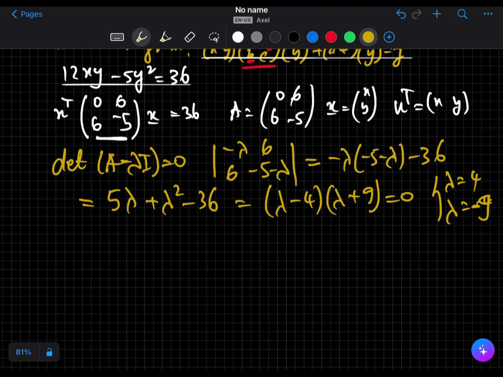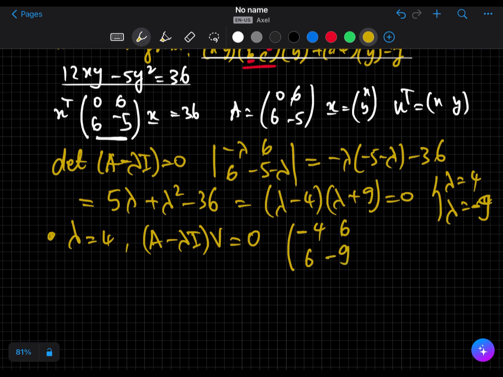Then we can find the eigenvectors. So for lambda equals 4, we need to solve this equation to find the eigenvectors. If I write the augmented matrix here, you will have minus 4, 6, and you will have 6, minus 5 minus 4, minus 9.